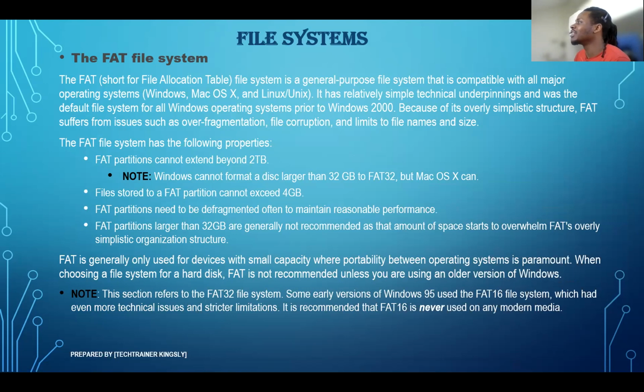But this one is FAT32. It's called file allocation table, a general purpose file system that is compatible with all major operating systems: Windows, Macs, Linux and Unix. It is relatively simple in its underpinning and was the default filing system for all Windows operating systems prior to Windows 2000. You see how when we looked at that file system, it says FAT32 with default in brackets.